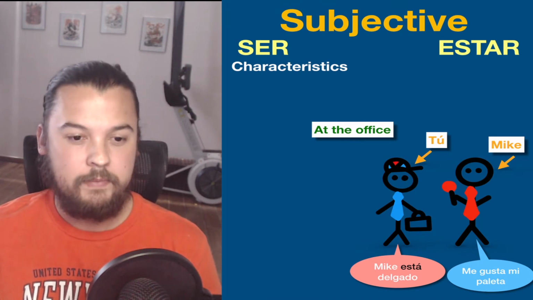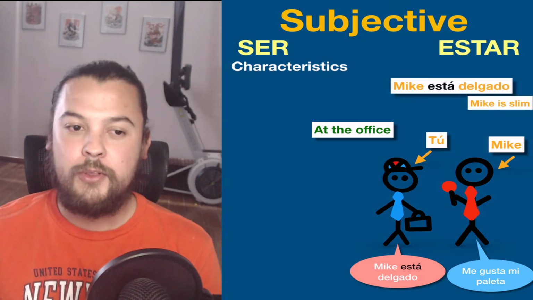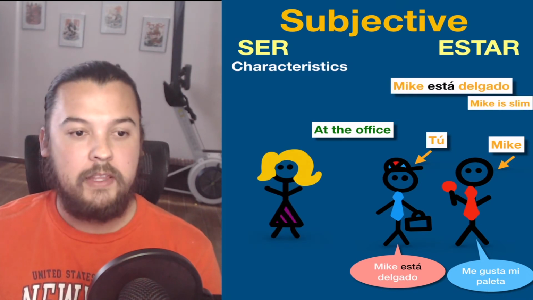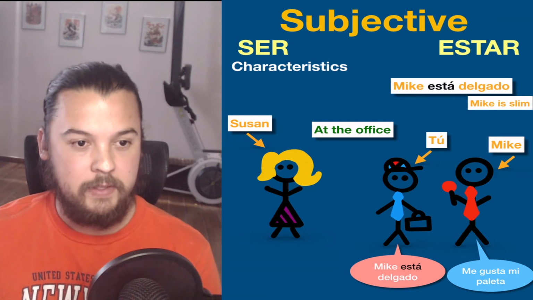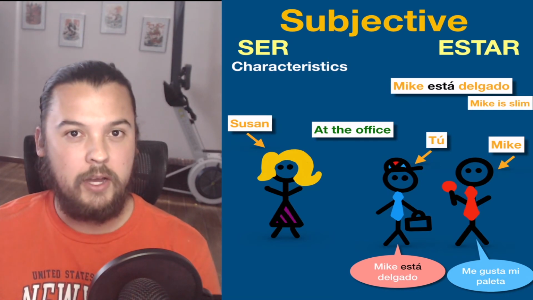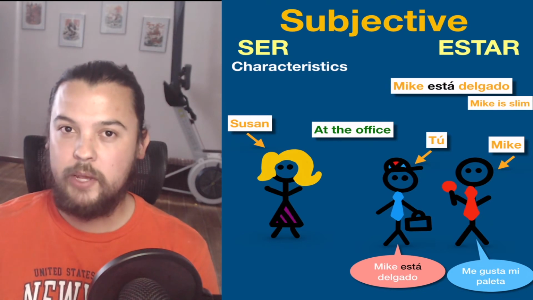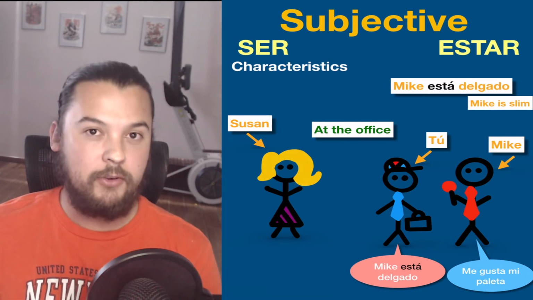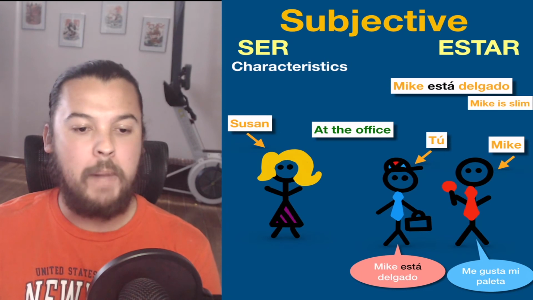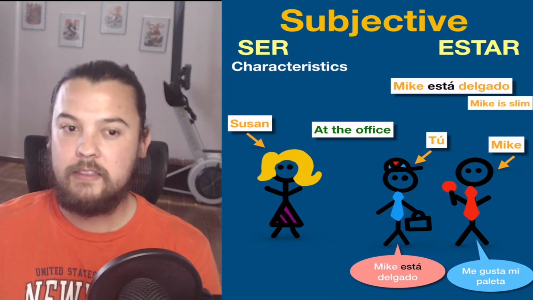Mike está delgado. But let's introduce a new character. This new character is called Susan. And Susan is new at this office and she is meeting you guys for the very first time. In this occasion, she will not say Mike está delgado.